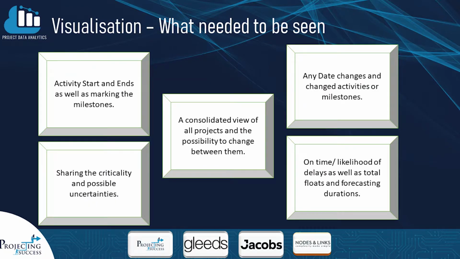The main task in the visualization was making sure you could view any starts and ends of milestones, looking at the criticality or any uncertainties, getting an overview of all your projects and all key information, for example, activities and milestones or any date changes, and whether they're on time, delayed, or any flow is available.